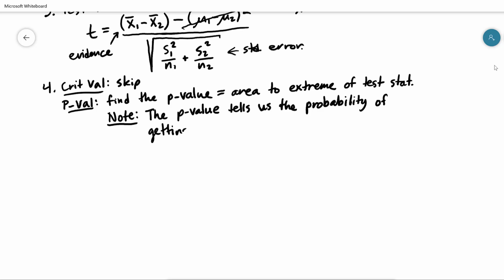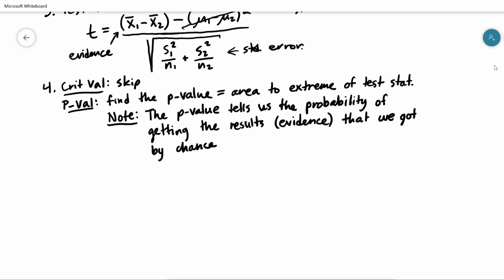And by results, I mean the stuff that we're using for our evidence, the values of x bar in this case. By chance. So it tells us the probability that this happened by chance under the assumption that the null hypothesis is true.